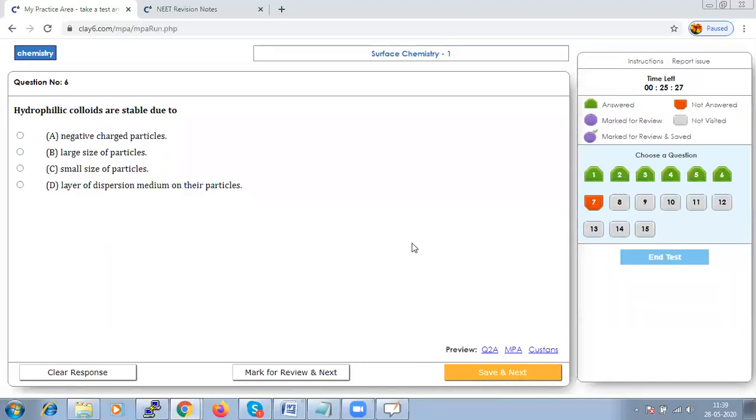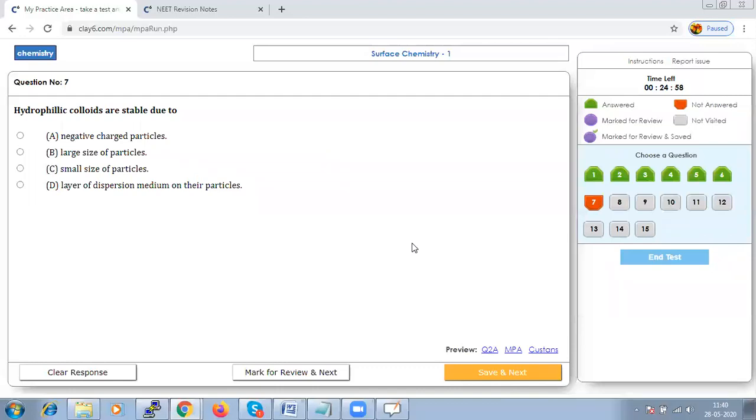Hydrophilic colloids are stable due to what? Why are hydrophilic colloids stable? Always remember, hydrophilic colloids are nothing but water-loving colloids, and the colloid particles are attracted towards water. That means it is a reversible sol, and the stability of a colloidal system is nothing but the capability of the system to remain as it is.